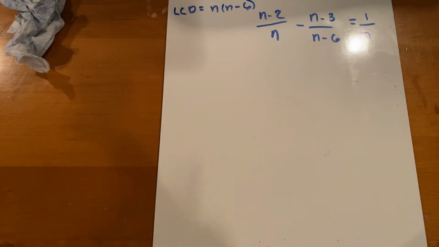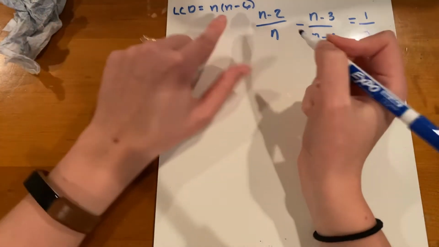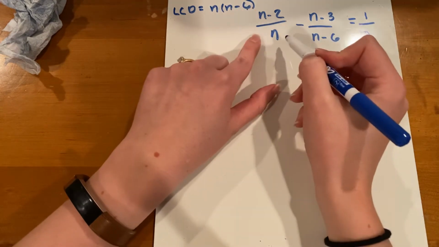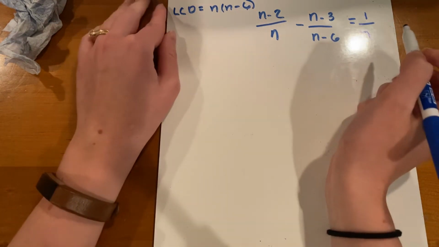So we're going to multiply the entirety of both sides of the equation by our least common denominator to be able to cancel out our denominators. I'm going to take my least common denominator and multiply it by each term.